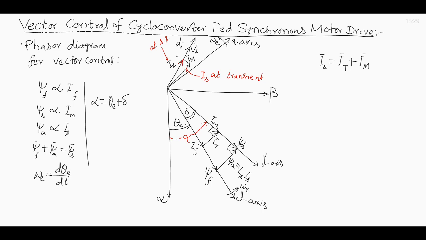All the time this is the torque component of the current It, the active component, and Im is the reactive component of the current, which is there only during the transient period. At steady state Im comes to 0, so that Is equals It and is in phase with the stator voltage Vs, and unity power factor is obtained. As you can see, phi is 0. So this is what we will highlight now.